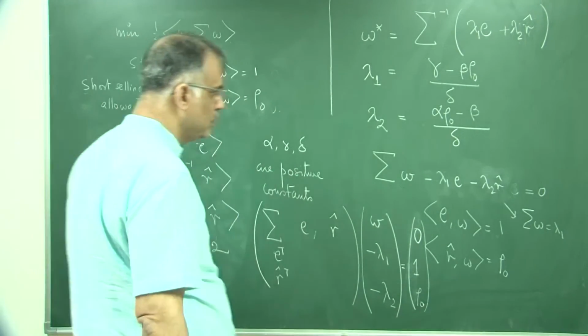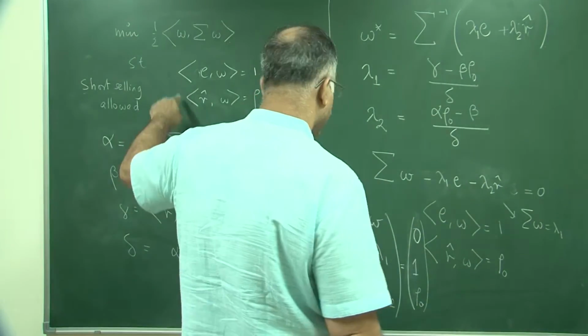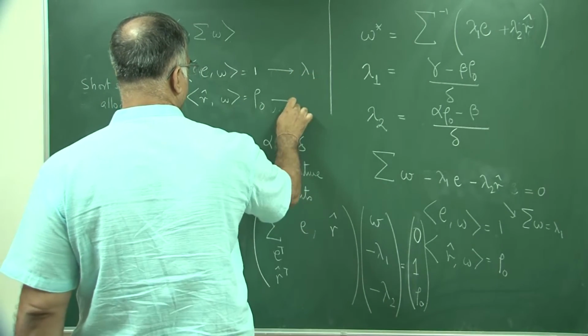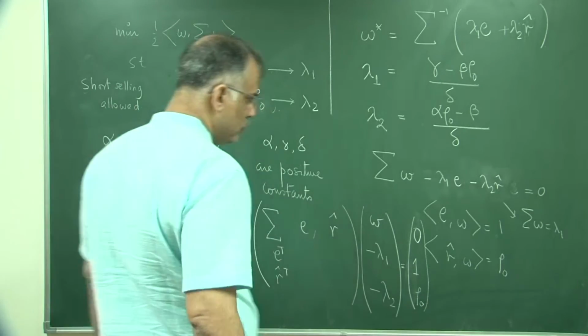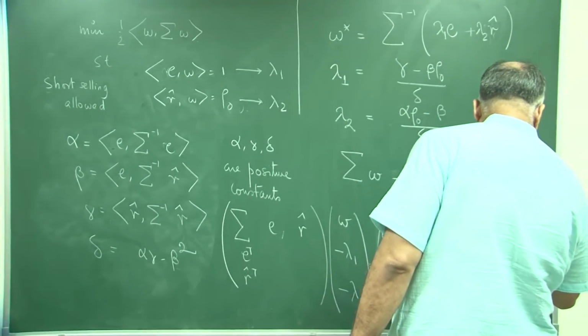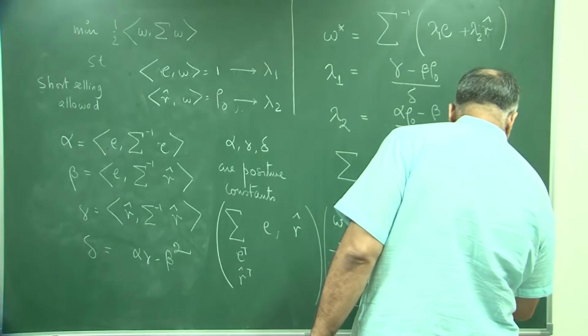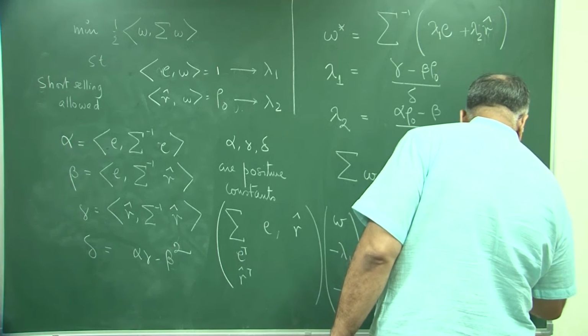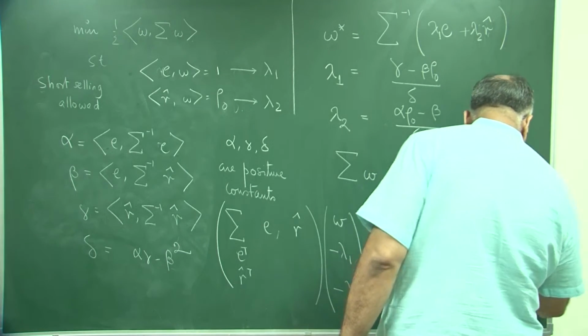So the Lagrangian multiplier for this is lambda 1 and for this is lambda 2. So this is nothing but lambda 1 E plus lambda 2 R hat, and omega would be nothing but sigma inverse times lambda 1 E plus lambda 2 R hat.